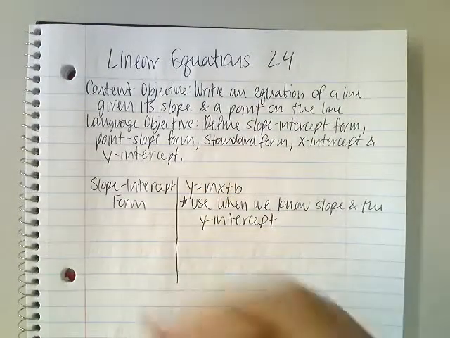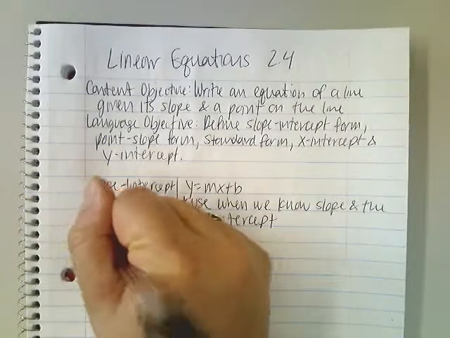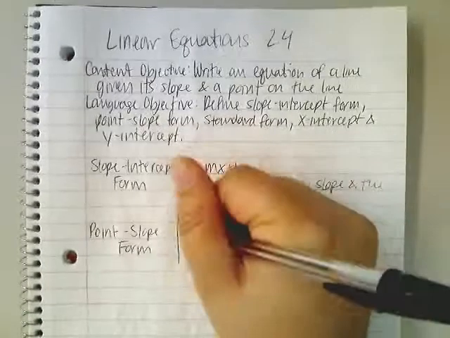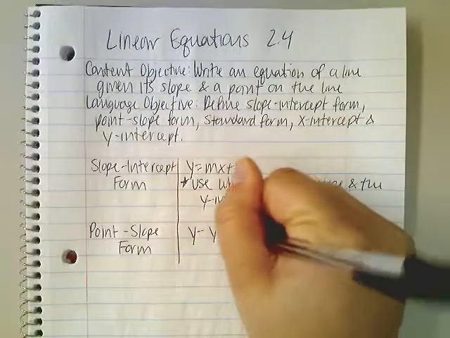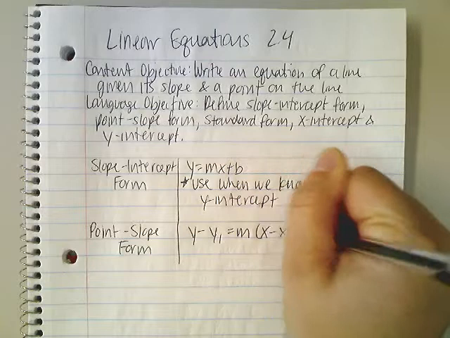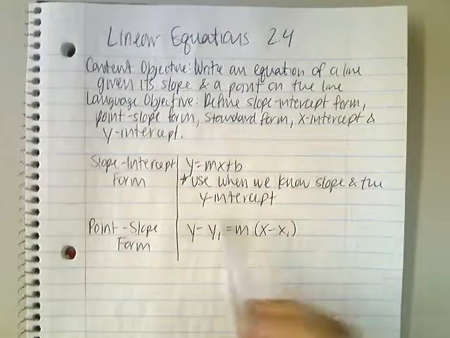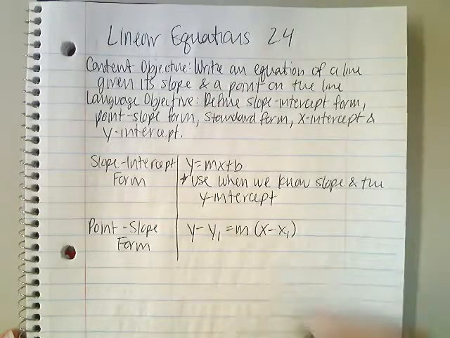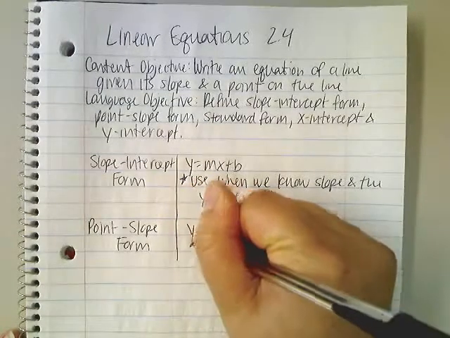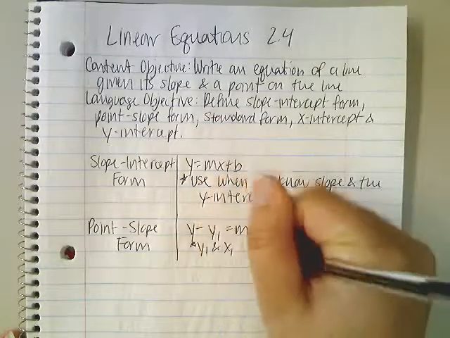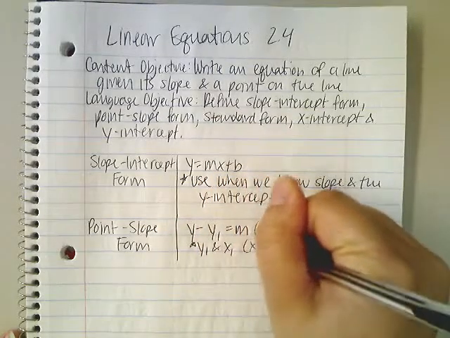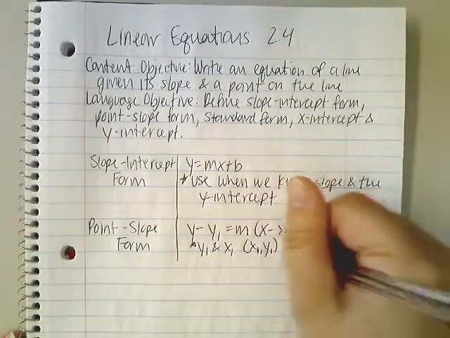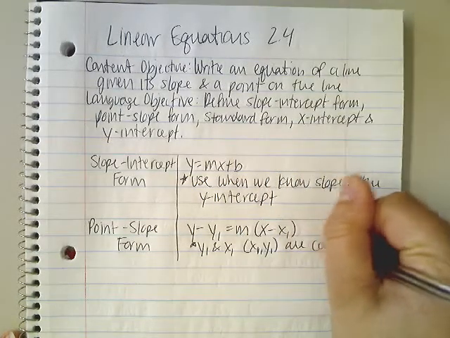The next form that we talk about is point-slope form. So we'll use this quite a bit today. This is y minus y1 equals m times x minus x1. And m, again, is just our slope. y1 and x1 are coordinates of a point on the line. So again, we'll put a star here, x1 comma y1 are coordinates on the line.